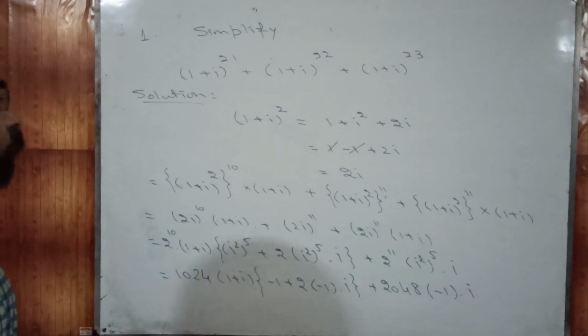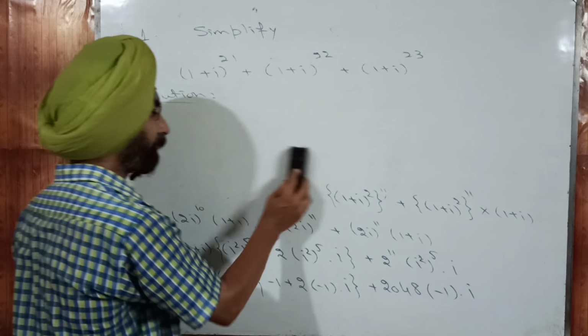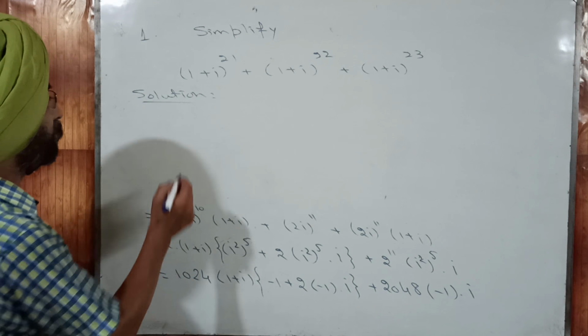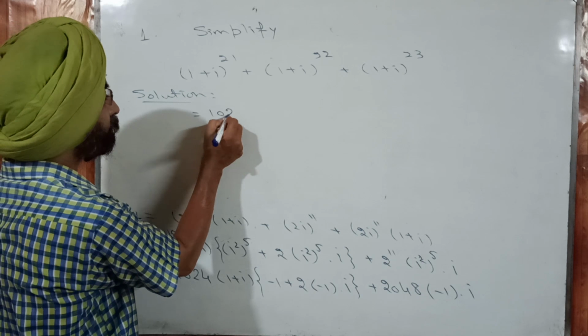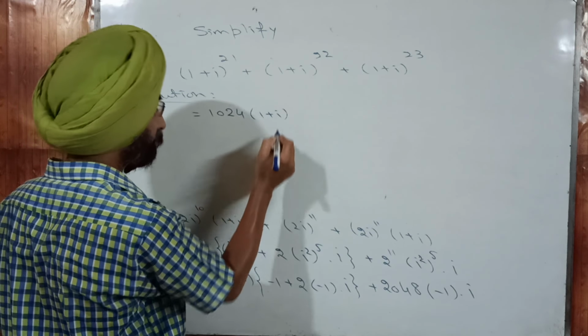Now what are we to do? We are just to simplify using our basic calculations. This is your 1024 and this is your 1 plus iota.